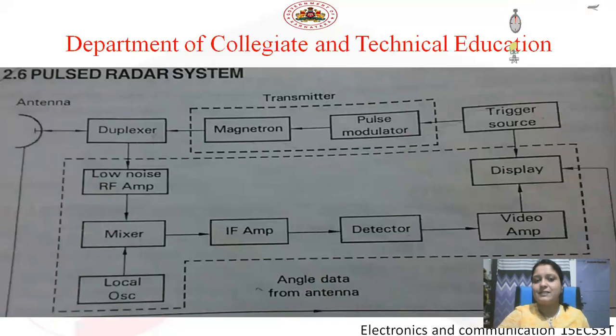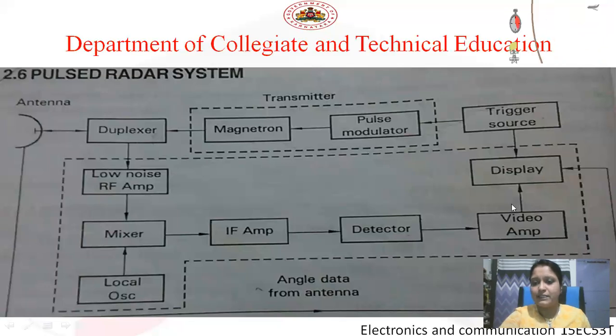Now the first one is the basic pulsed radar system. This is the block diagram for the basic pulsed radar system. If you observe the block diagram, this is the transmitter section here, and here you will be having the angle data from the antenna. From the antenna we are taking the signal and that is given to the receiver section.